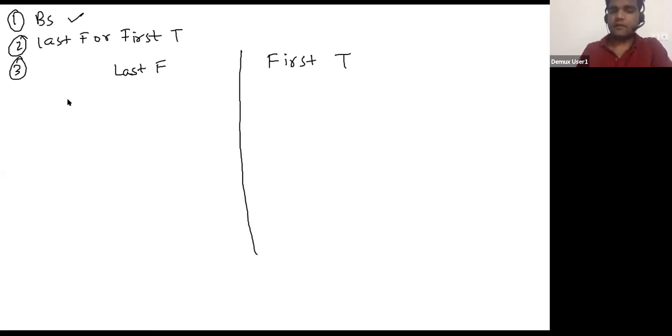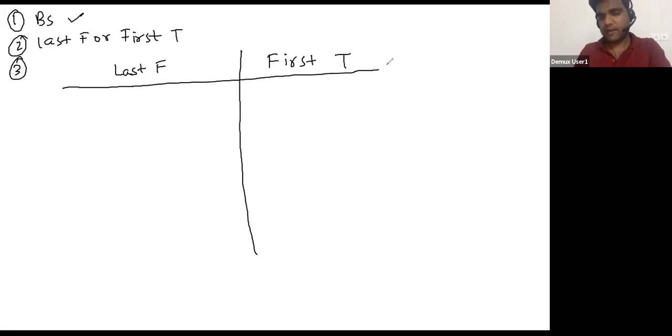So now for finding the last F, I will write the code. How do we find the last F in a binary search using this framework? I am also thinking out loud, so bear with me if I make mistakes. Low will store the start of the search space, and high will store the end of the search space.